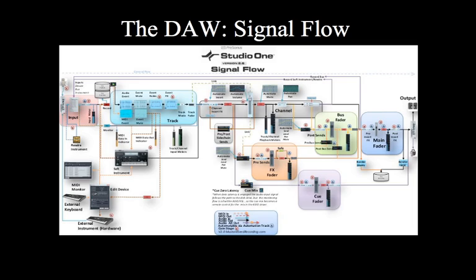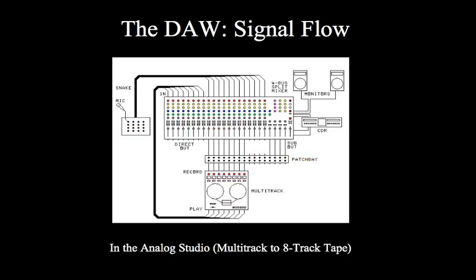Let's look at a similar diagram from a simpler recording studio. This is how an analog studio with early multi-track technology was set up. All of your favorite Beach Boys recordings and Beatles recordings were recorded with this setup, basically.